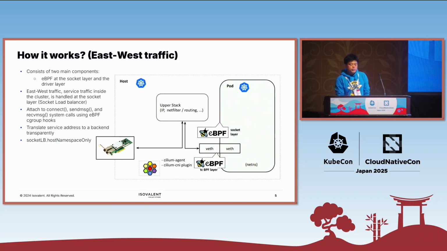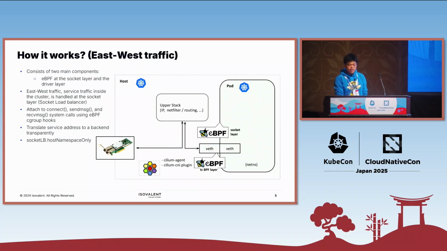Cilium's kube-proxy replacement consists of two main components, one at the socket layer and another at the driver layer. East-west traffic, which means the service traffic inside the cluster, is handled at the socket layer using what we call the socket LoadBalancer. Cilium attaches BPF programs to the connect, sendmsg, and recvmsg system calls.